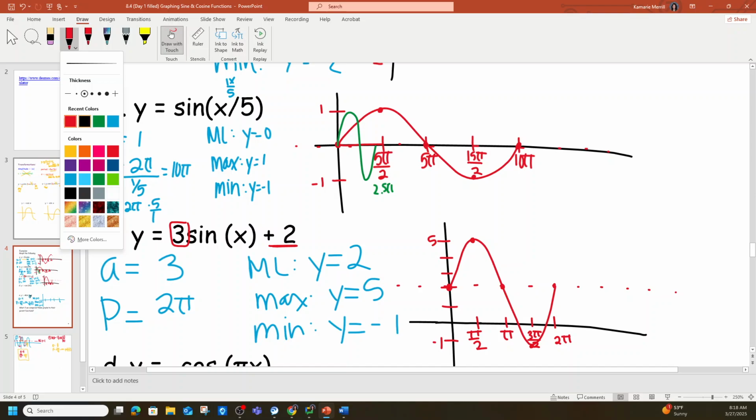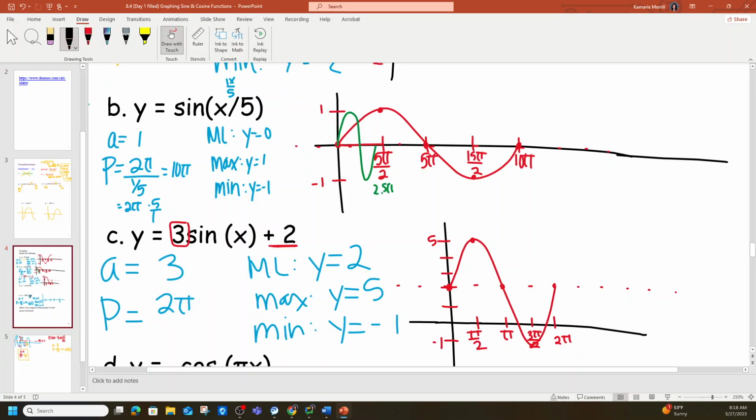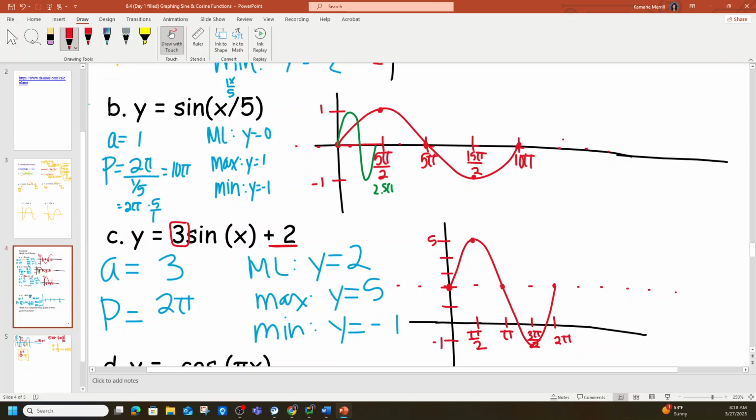So the last part of your assignment, let's do 2 periods worth on this one. I'm going to have that be my starting point, and I'm going to go 1, 2, 3, 4 again. So 1 period was 10 pi, so what do you think 2 periods will be? 20 pi. Yeah, I'm just going to multiply that by 2.